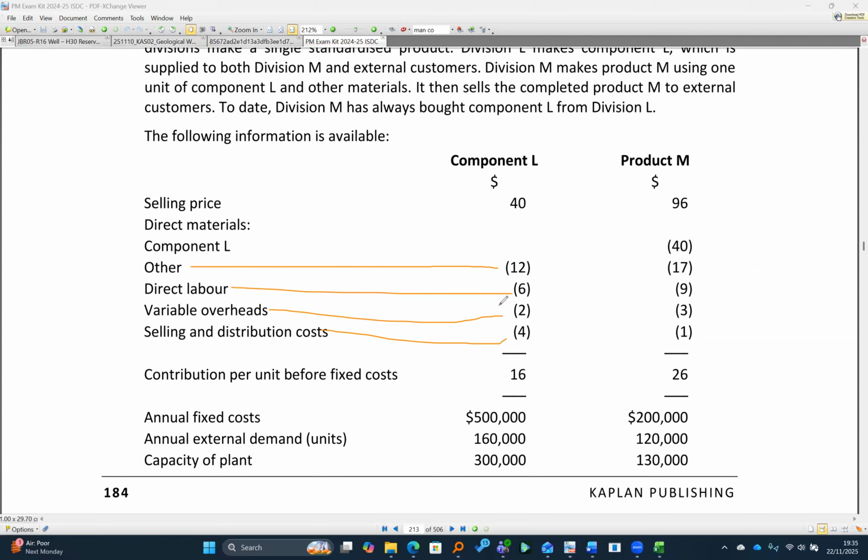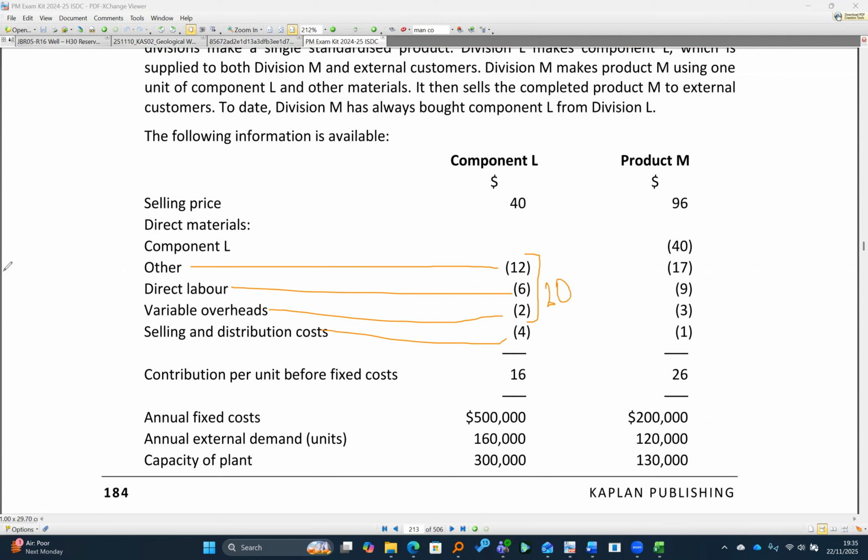For you to make component L, there are other costs that are involved, so the materials themselves. So now it means that for me to sell this component L, I incur 12 plus 6 plus 2 to sell to M. Remember, they say that we don't incur the selling and distribution costs. So that means that we are incurring 20. We are incurring 20.